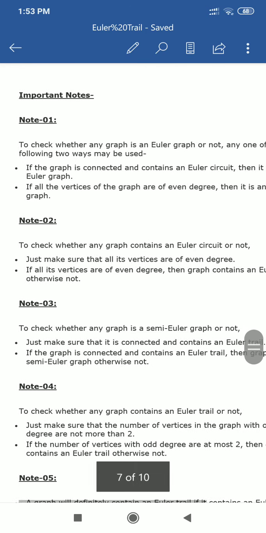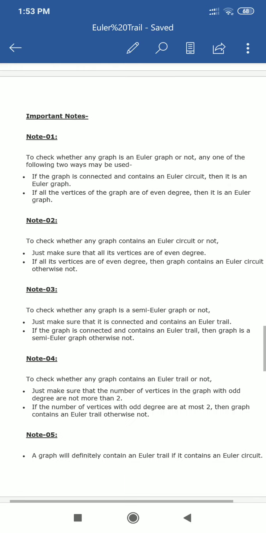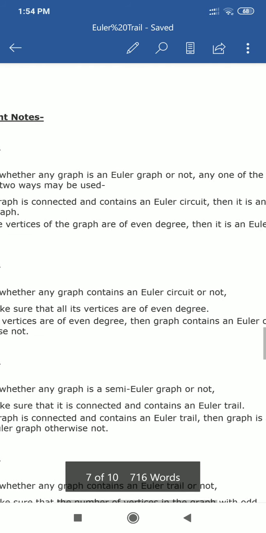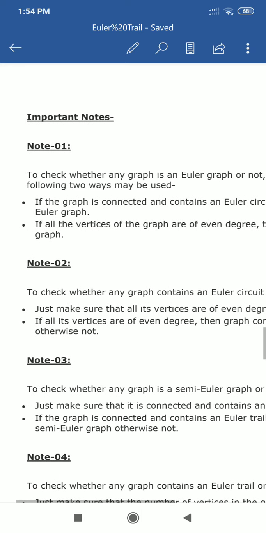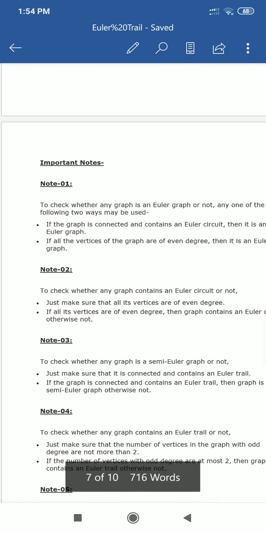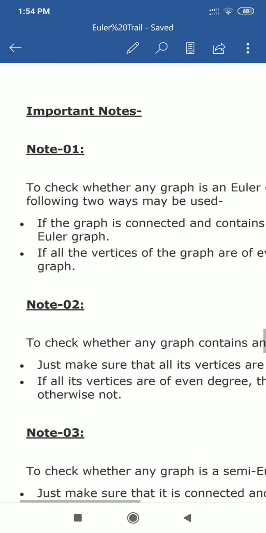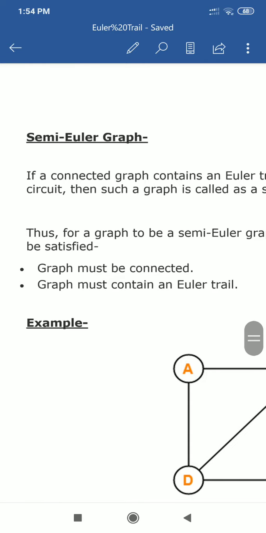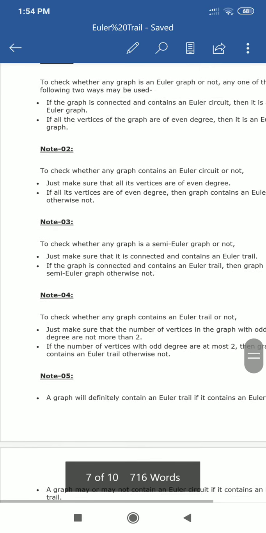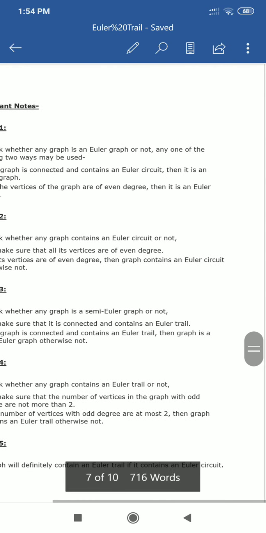Now let us recall some points in this short tutorial to check whether any graph is an Euler graph or not. First, you have to check that the graph is connected and contains an Euler circuit, then it is obviously an Euler graph. Otherwise you have to check that all the vertices of the graph are even.